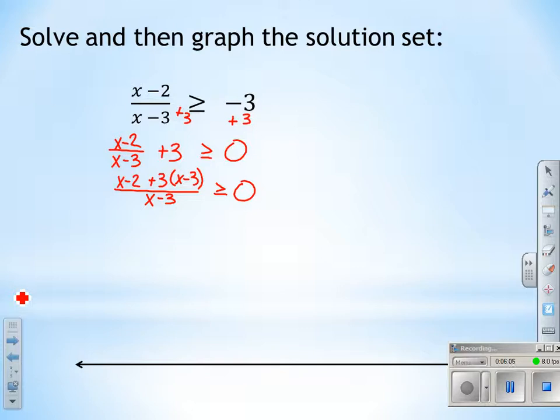All right, so we start simplifying. Distribute your 3, and simplify. 4x minus 11 over the quantity x minus 3, greater than or equal to 0. So the top, find our 0 for our numerator. So 4x minus 11.